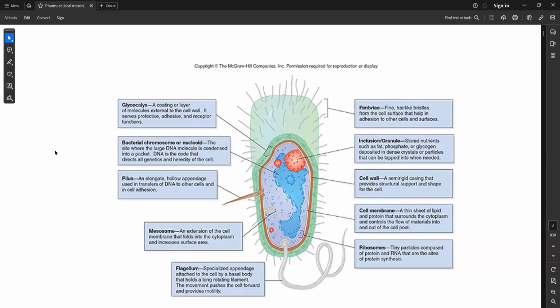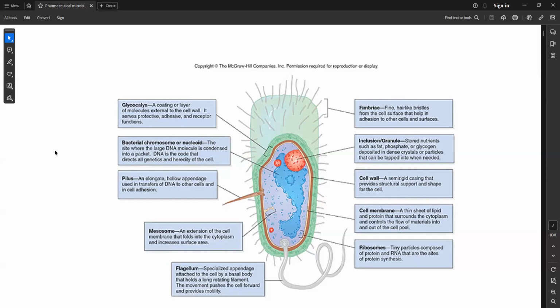Then we have the mesosome, which is an extension of the cell membrane that folds into the cytoplasm and increases the surface area. Then there's a flagellum, which is a mode of transport for the bacteria from one place to another. Then we have the fimbriae, which are fine hair-like bristles from the cell surface that help in adhesion to other cells. So fimbriae and the pilus work hand in hand.